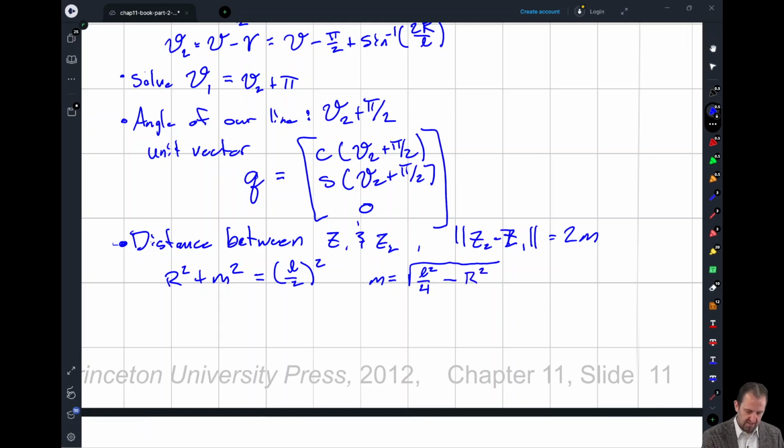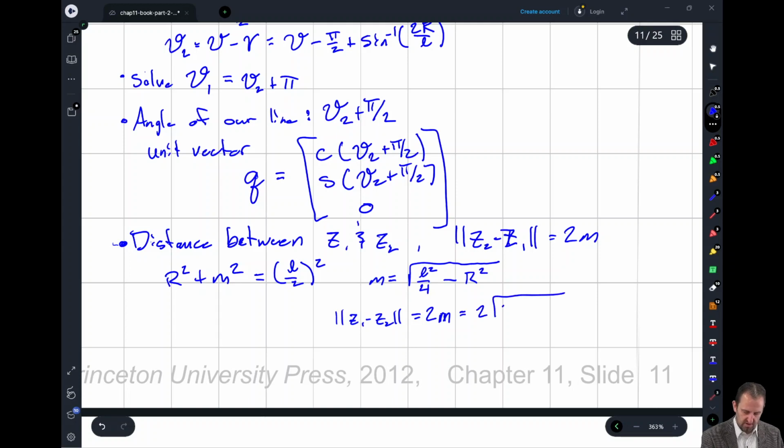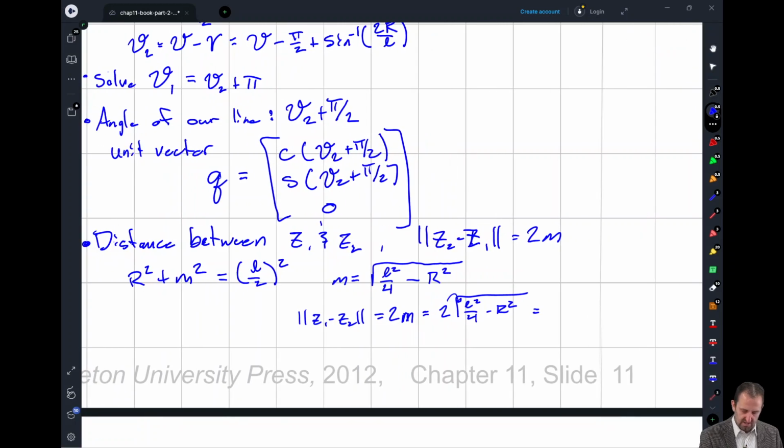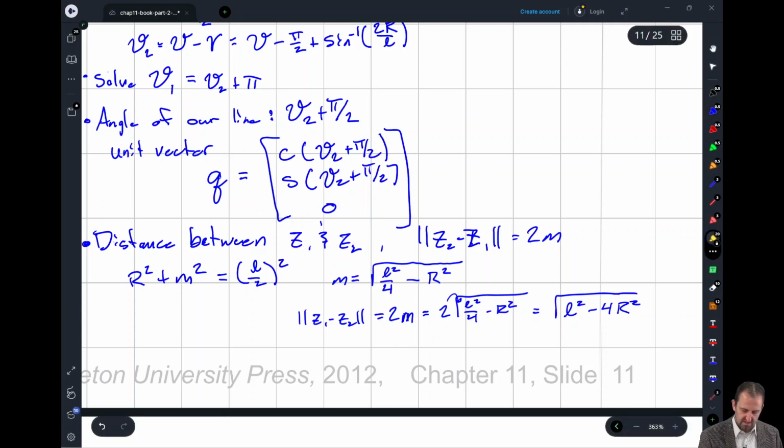And so then if we write that the length of Z1 minus Z2 is equal to 2m, oh, I almost wrote pi again, 2m, that equals 2 square root of L squared over 4 minus r squared. Well, we can bring this 2 inside. We're going to square it, right? We'll bring that inside, and we'll write that this is going to be the square root of the 2 squared is going to be 4, so it cancels out with the 4 on the bottom, minus 4r squared. Okay, so now we have the distance that we travel along the line.